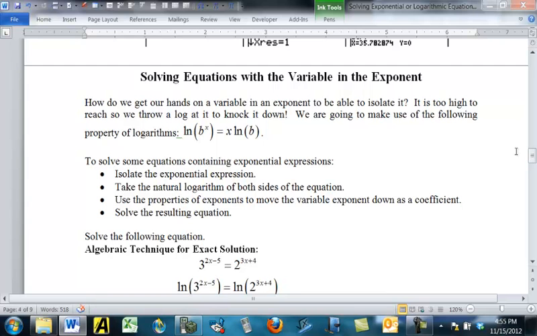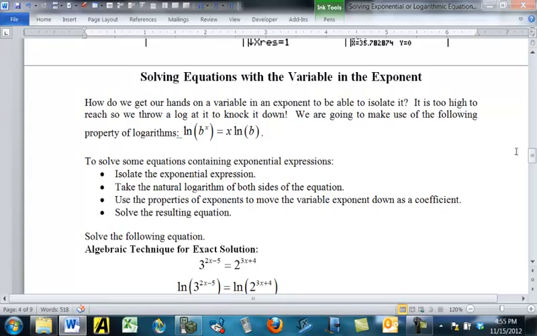Or if you had a logarithm and an exponential, the same thing. Like if you had log of x equals 3 to the x, that's not something we can solve algebraically very easily.